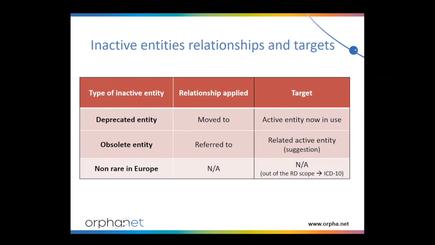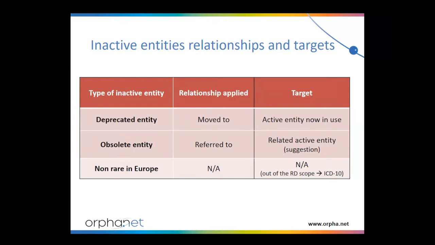This table summarizes the types of relationships between inactivated ORPHAcodes and the active ORPHAcodes that must be used instead. In the case of obsolete entities, the target ORPHAcode that we enter in the database must be viewed as a suggestion, in contrast to the target code entered for a deprecated entity, which must be used as a replacement because it effectively follows the evolution of knowledge.